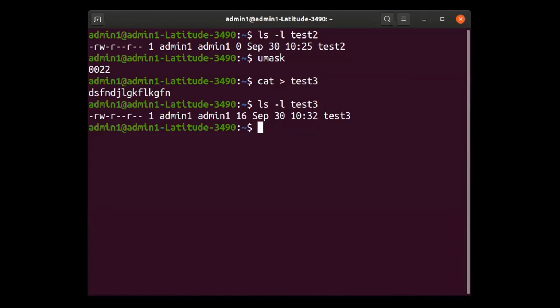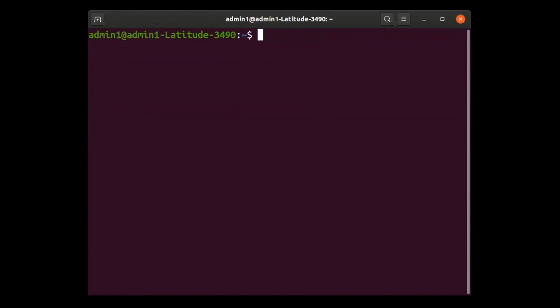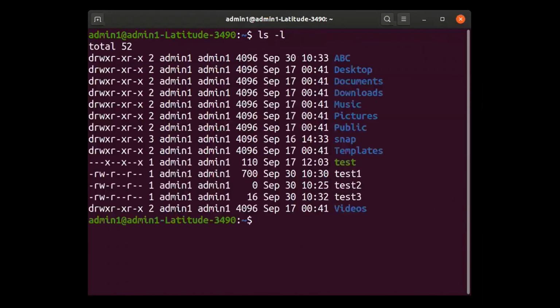So let us see. I create a directory called ABC, and then let me see the long listing of the files. Now watch out carefully. This is a directory ABC, and if you look at its permissions, I have rwx, that is 7.